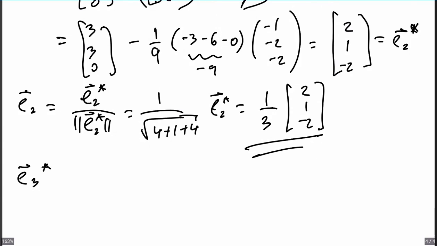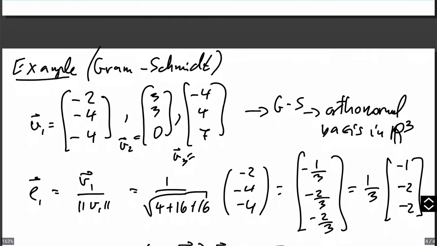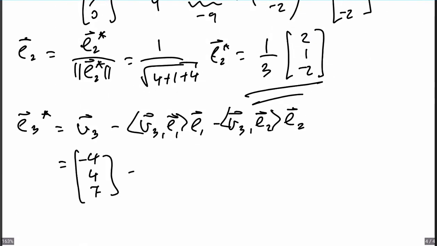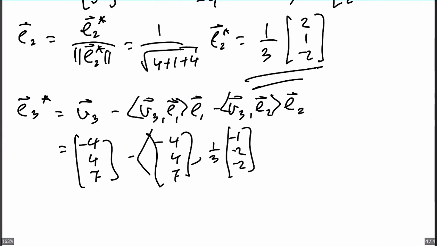Again, first we obtain the unnormalized vector as V3 minus the inner product of V3 with E1 times E1, minus the inner product of V3 with E2 times E2. V3 was minus 4, 4, 7, and then we need the inner product of this with E1, so 1/3 times 1, minus 2, minus 2, so that I don't have to work with so many fractions.